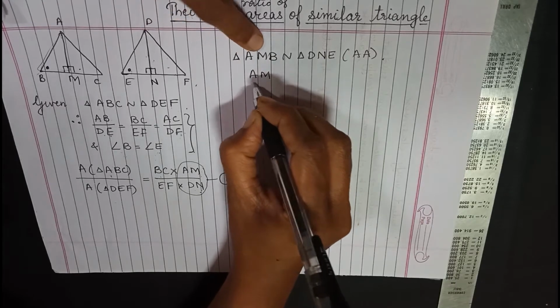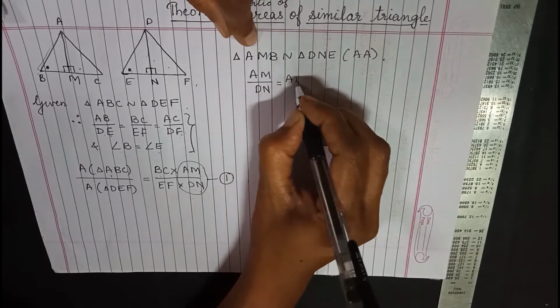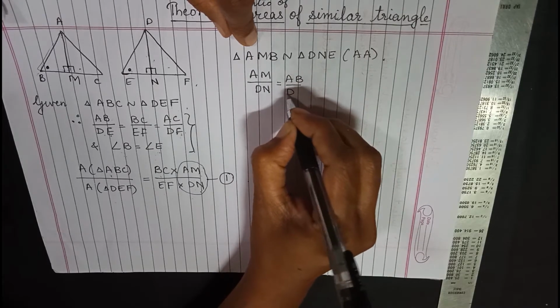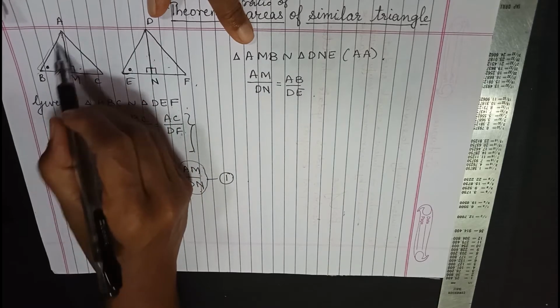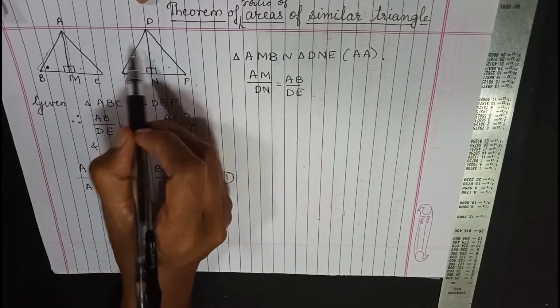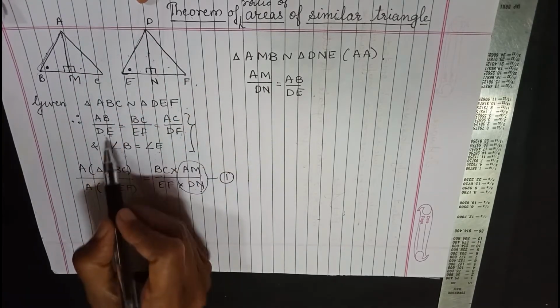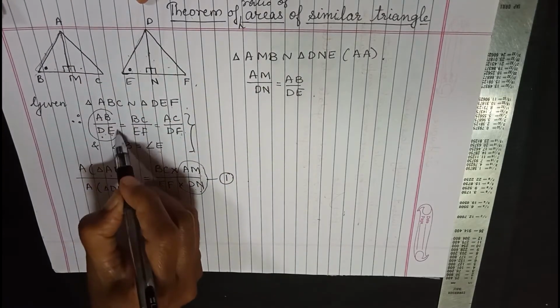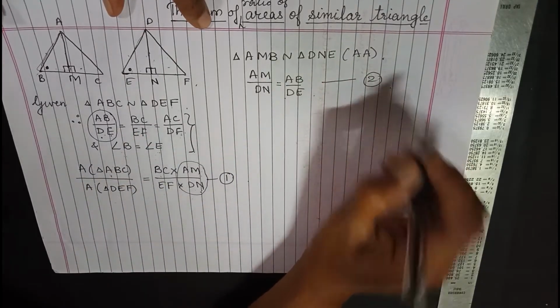That is, AM upon DN will be equal to AB upon DE. Why am I using just this ratio? Because out of the three sides that the triangle has, AM and DN are the heights, and we have only one side of the original triangle in this ratio, that is AB upon DE. That is why I am using just these two ratios.